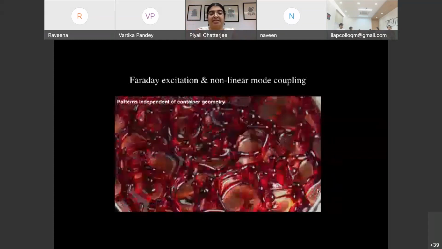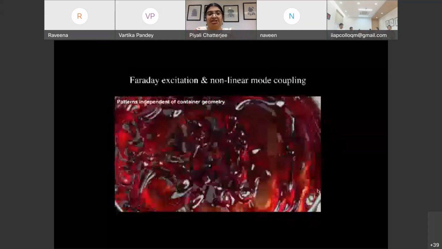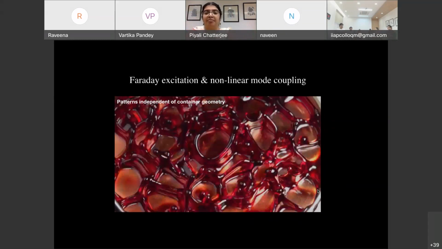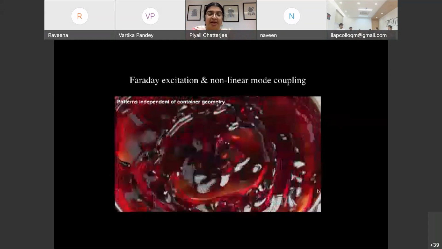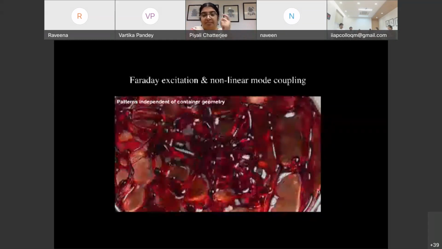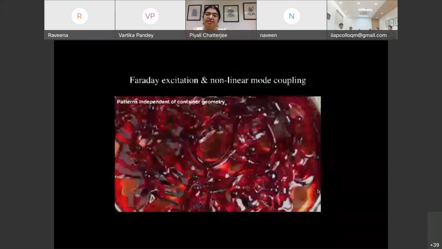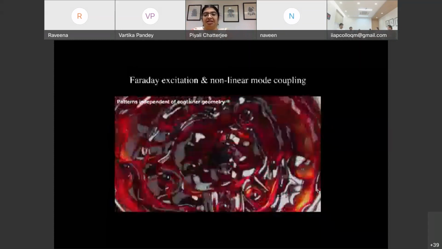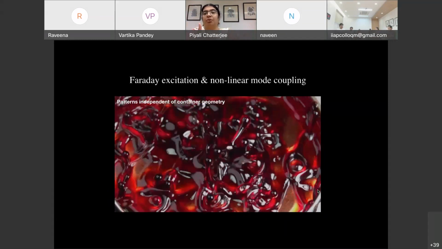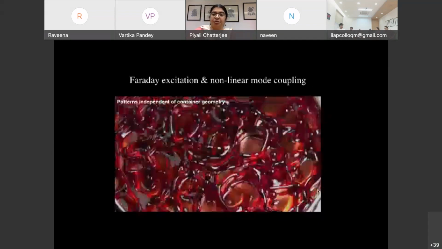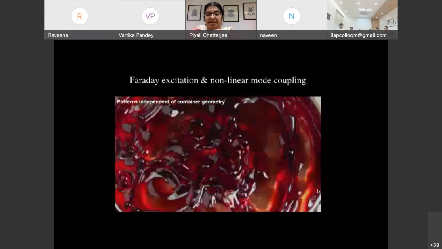So you can see these patterns forming, and also these jets which are being excited when we increase the amplitude of the excitation. At this point, the amplitude is so large that the patterns have become independent of the container geometry. So even if the container was not circular, but square or a triangle, you will still have this if your amplitude and the frequency are in the correct range.